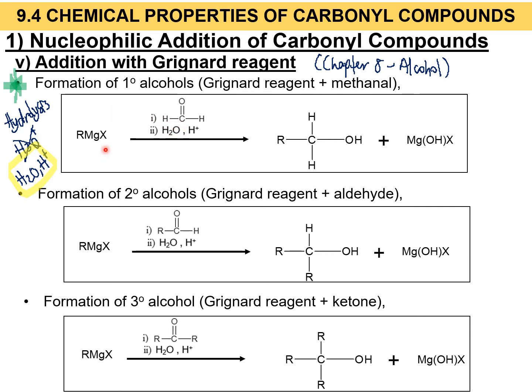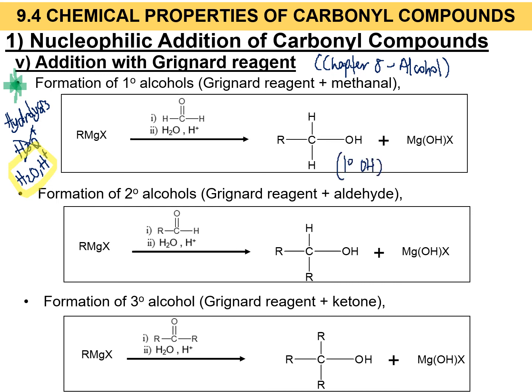With Grignard reagent, when we do nucleophilic addition with carbonyl compounds such as aldehyde or ketone followed by hydrolysis, we will get alcohol. That's all. We will get alcohol for all three, it just depends on the type of carbonyl used. If we use methanal like this, we will get a primary alcohol.